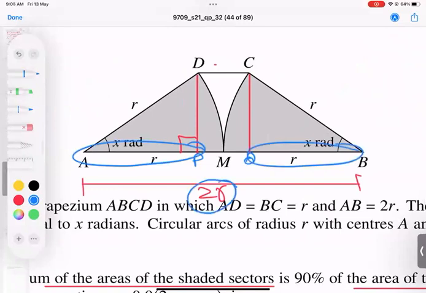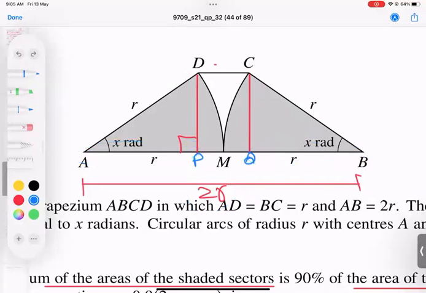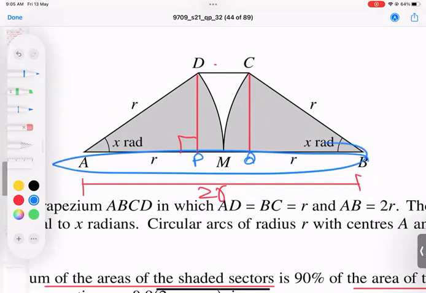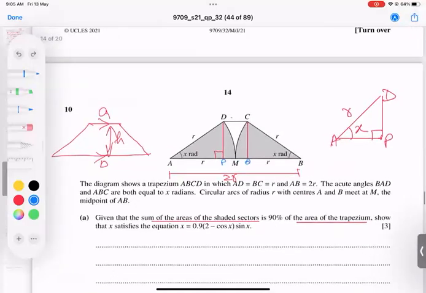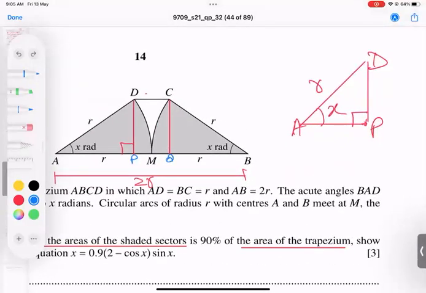From 2r, subtract the blue parts and you get that this gap equals CD. So I repeat the plan of action: the full length is 2r, subtract AP and subtract QB, and for your knowledge, QB and AP are exactly the same.